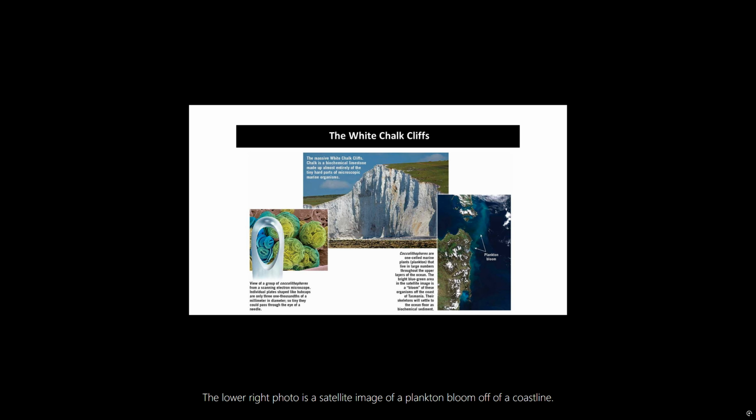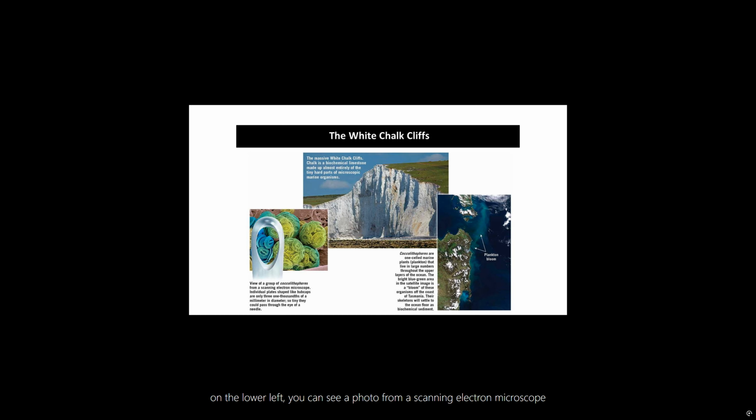The lower right photo is a satellite image of a plankton bloom off of a coastline. These blooms are generally made up of algae called coccolithophores that produce calcium carbonate plates to surround and protect their bodies within. When the algae die off, the plates come apart and settle down to the sea floor, where over time they build up chalk deposits.